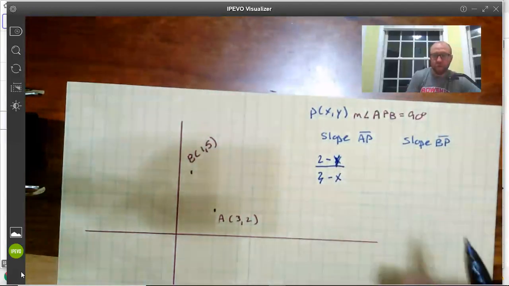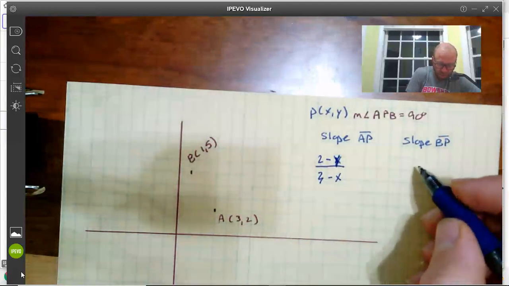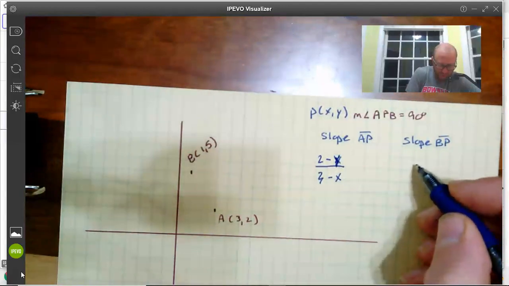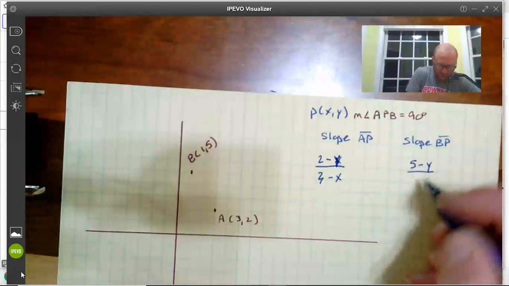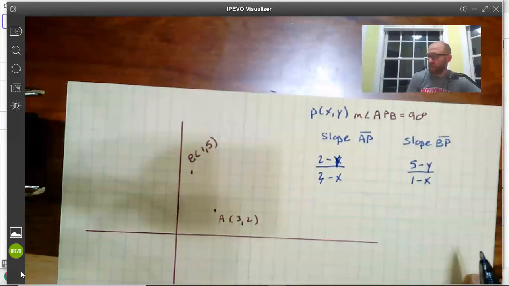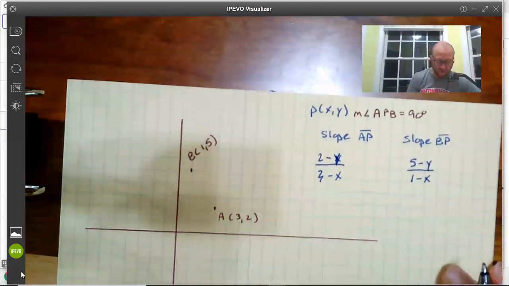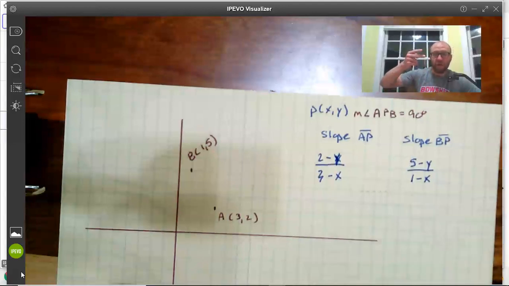So 2 minus Y over 3 minus X. And then over here, we're going to have 5 minus Y over 1 minus X. We know these slopes are negative reciprocals, which means I'll take one of them, flip it upside down, and change its sign, and we'll get the other one.